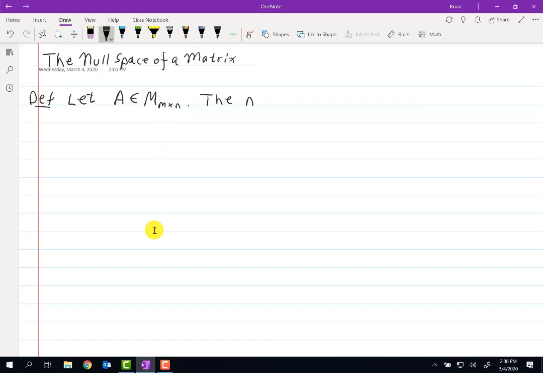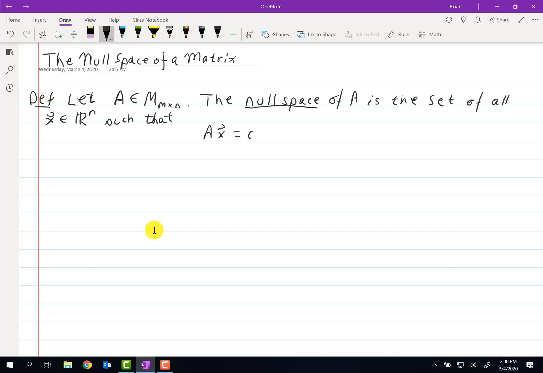The null space of A is the set of all x in R^n such that Ax equals the zero vector.